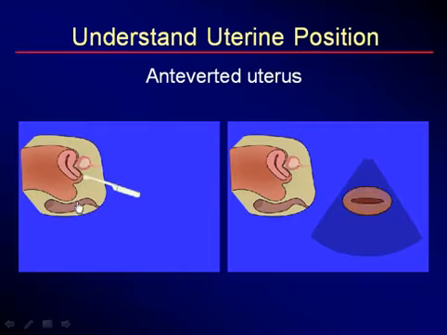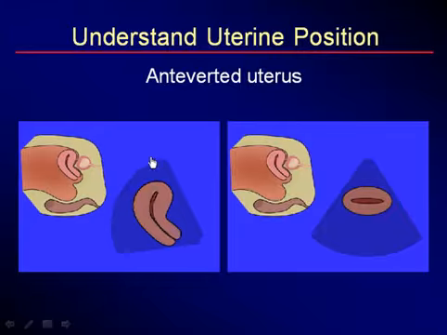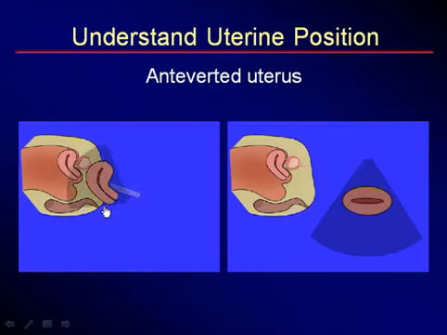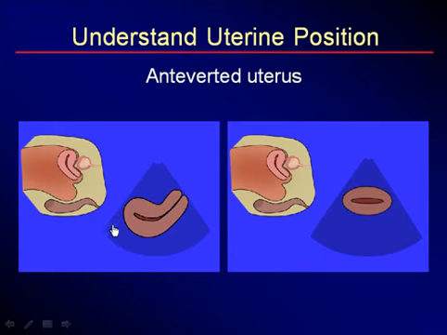Let's look at that again. This is the anterior wall of the body, but this is the anterior wall of the patient's uterus. This is the posterior wall of the uterus.